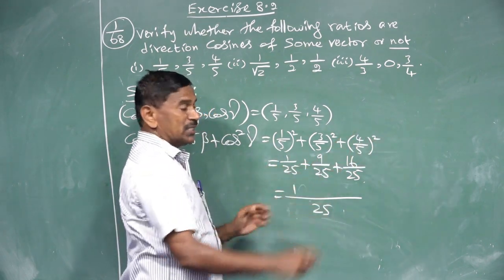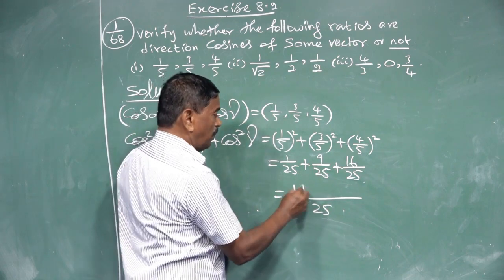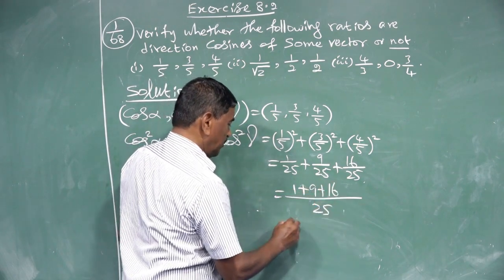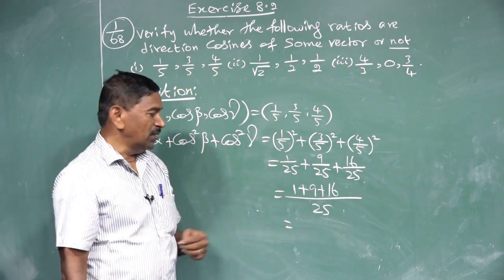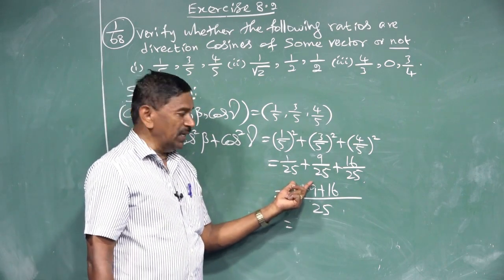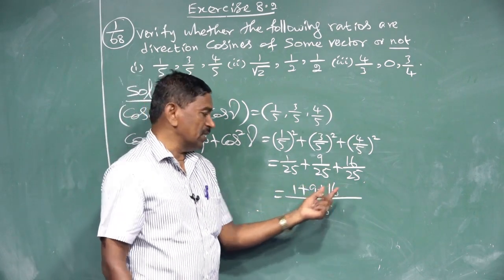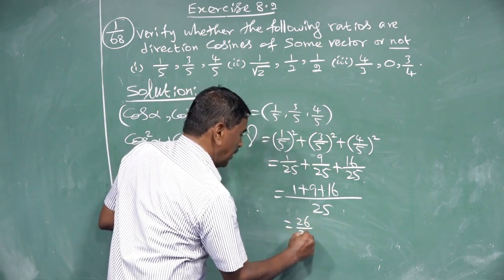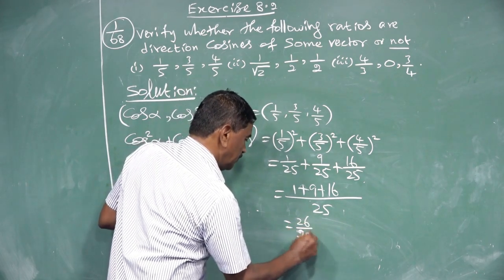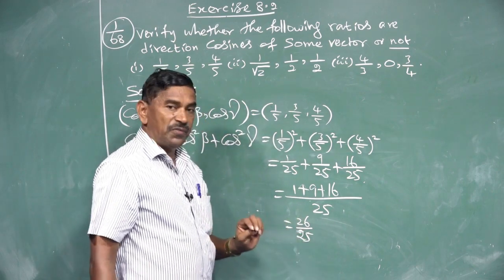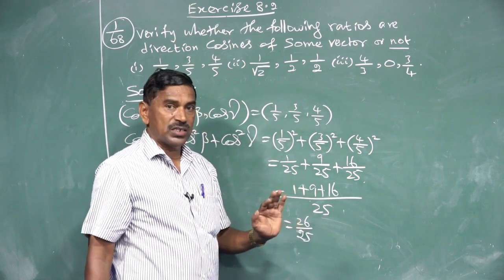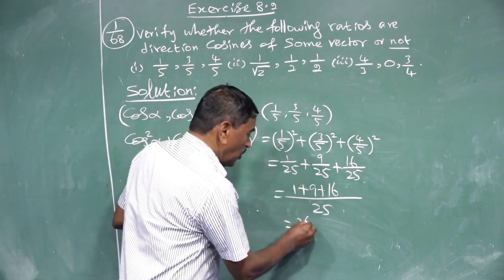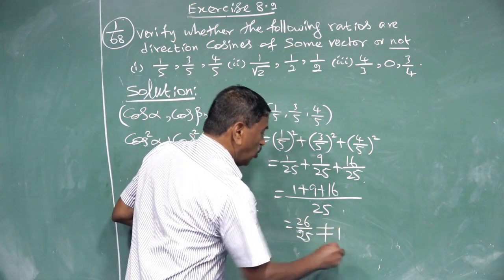That is the sum of the numerators because of the same LCM. So, 1 plus 9 plus 16. 1 plus 9, 10. 10 plus 16, 26. So, 26 by 25. Is 26 by 25 equal to 1 or not? Yes, 26 by 25 is not equal to 1.